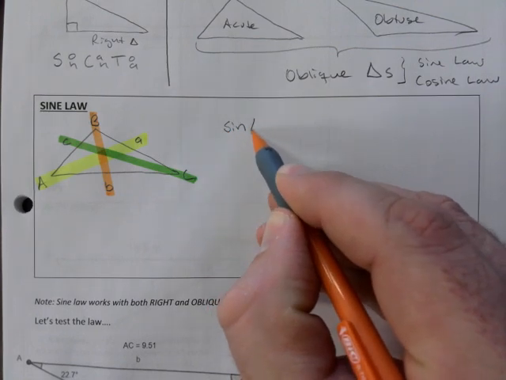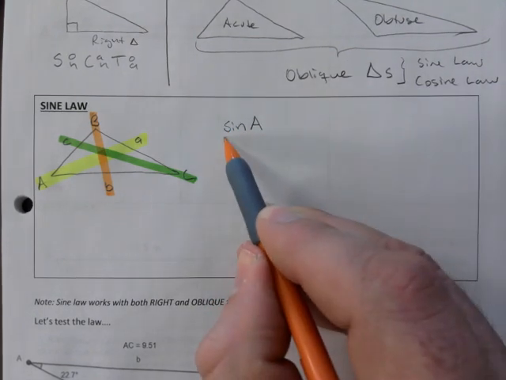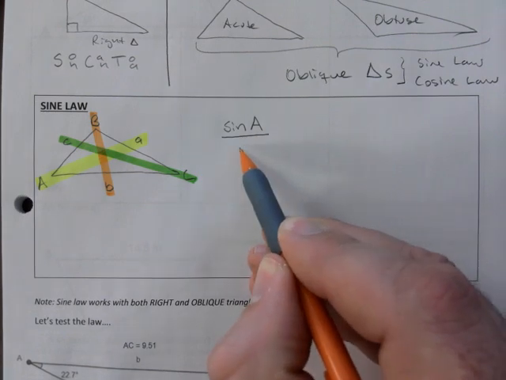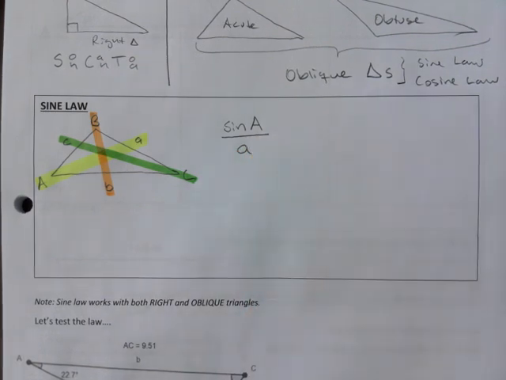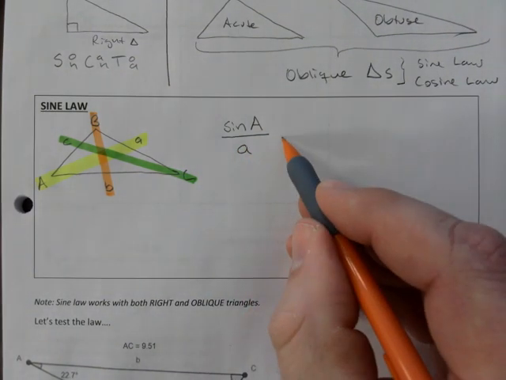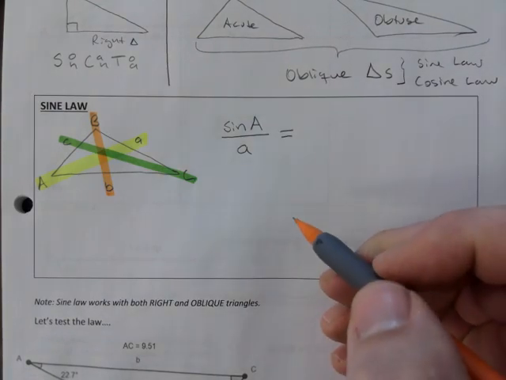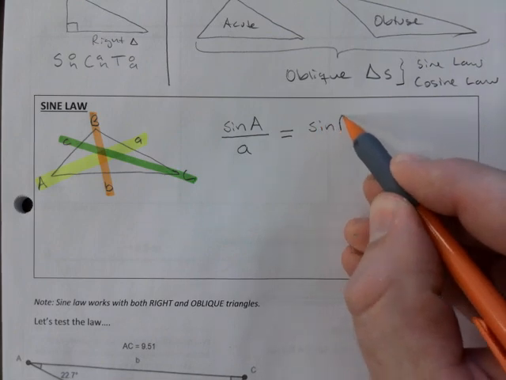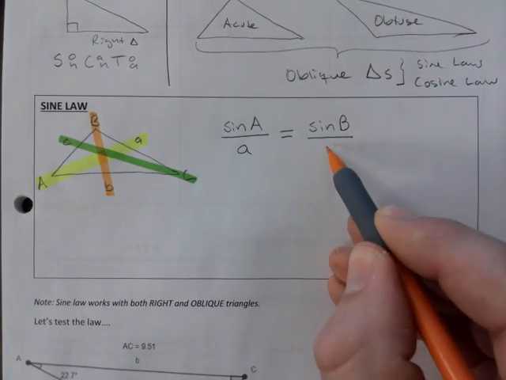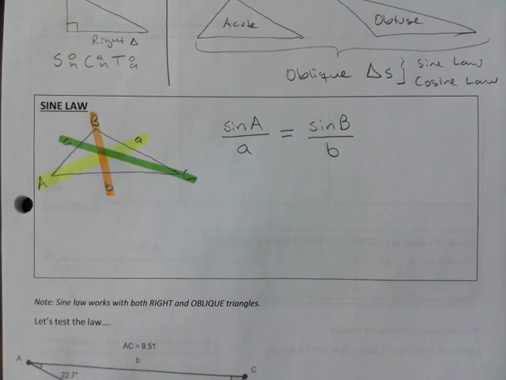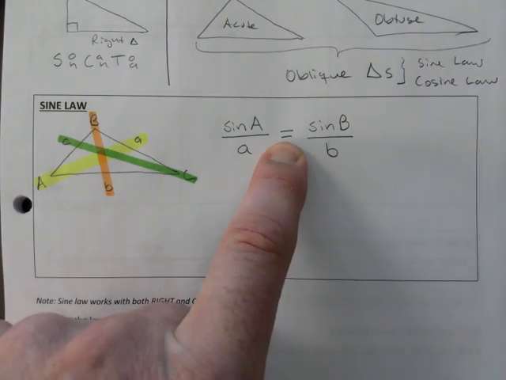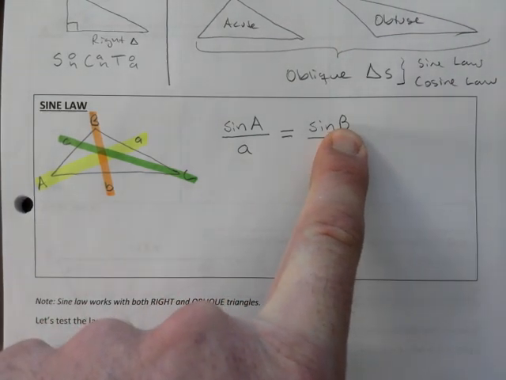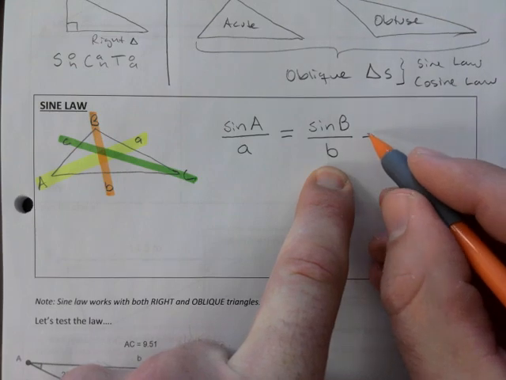If you were to take sine of angle A, let's say, and divide it by the side across from it, making you work hard with all the highlighting, sorry, sine B over side B. That's what the sine law claims: sine of A divided by the side across from it is going to be exactly the same as sine of B, angle B, and the side across from it.